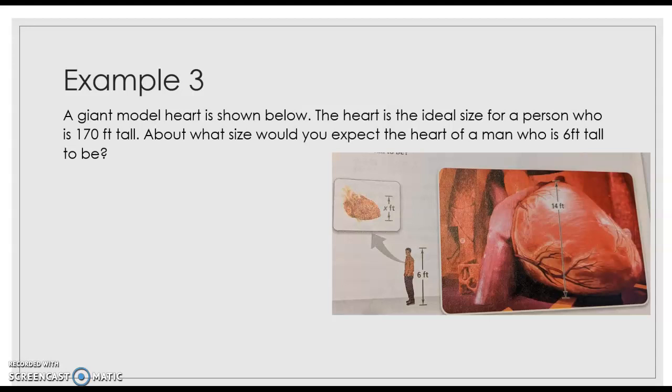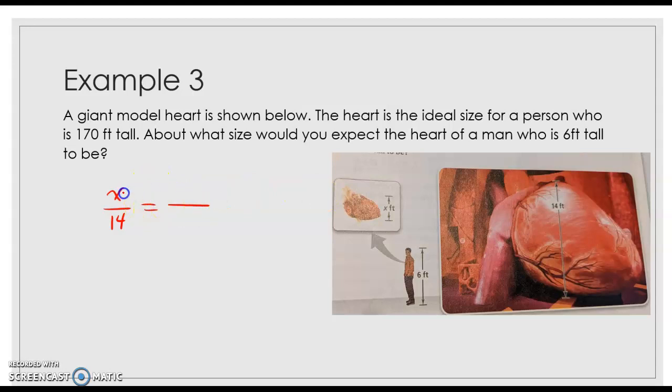All right. I believe last example. Yep, last example. A giant model heart is shown below. The heart is the ideal size for a person who is 170 feet tall. About what size would you expect the heart of the man who is 6 feet tall to be? So we're going to do heart with heart. So I don't know the size of the heart in the person, but I do know that this one is a big giant heart at 14 feet.